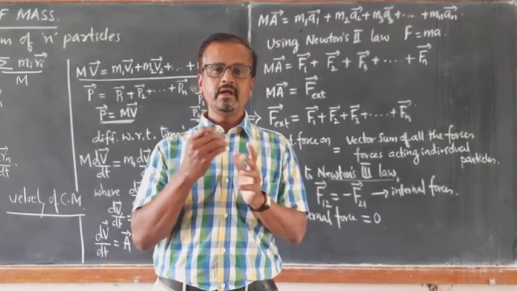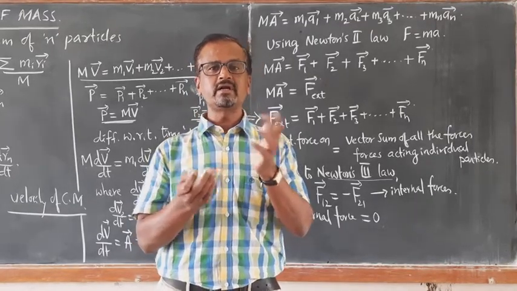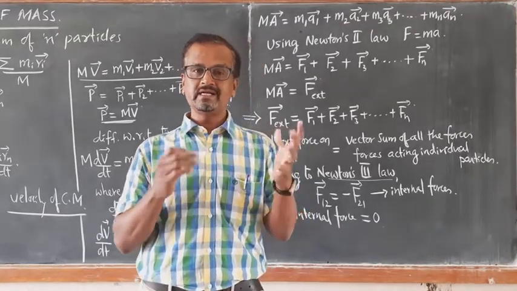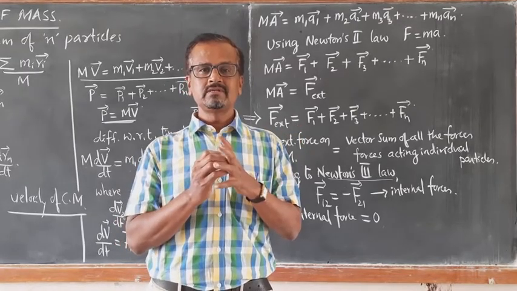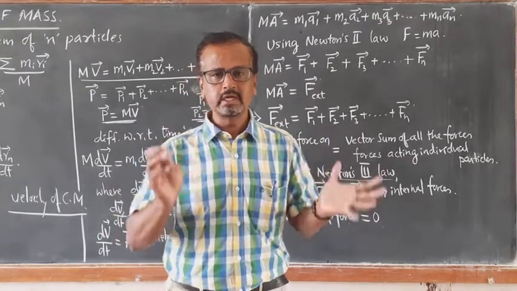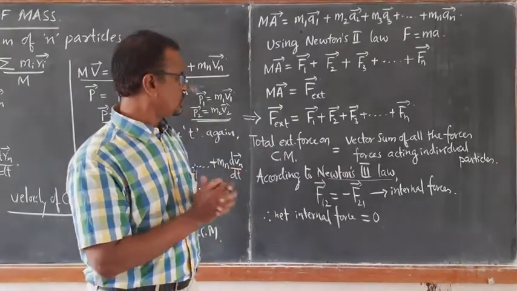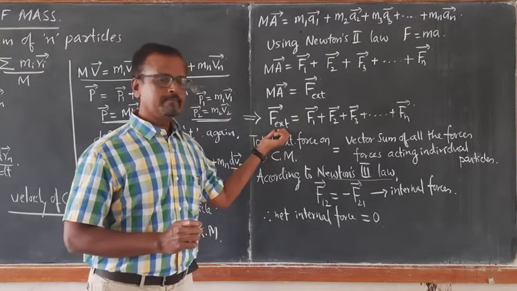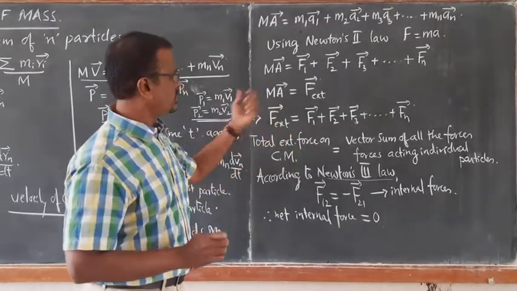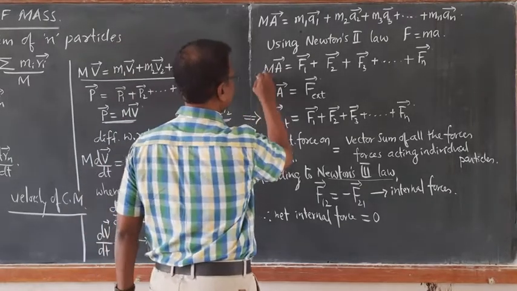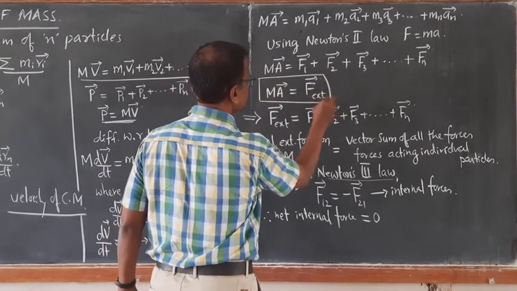For every action, there is an equal and opposite reaction. So, net internal force becomes 0. Total internal force becomes 0. So, we have written here only external force. Therefore, we have written this as the equation for center of mass.